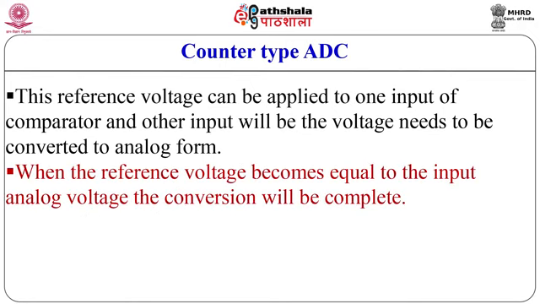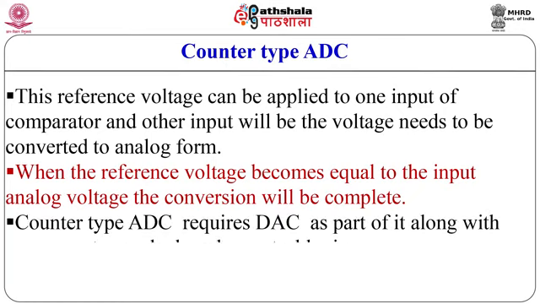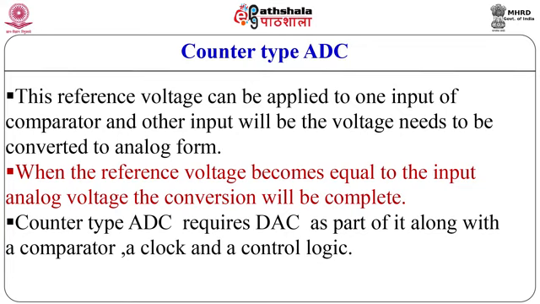When the reference voltage becomes equal to the input analog voltage, the conversion is complete. It is found that the counter type ADC requires a DAC as a part of it in order to obtain the variable reference voltage, and hence the counter type ADC requires a comparator, a clock and control logic.